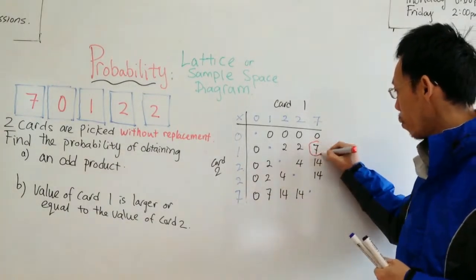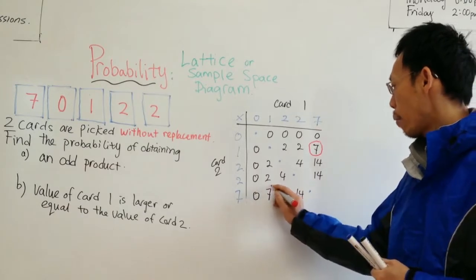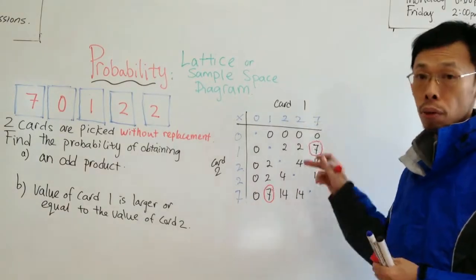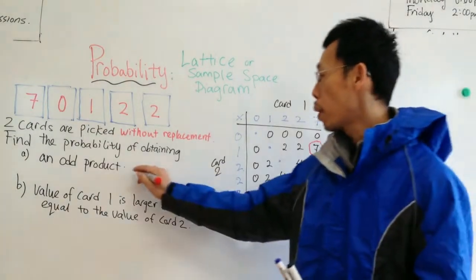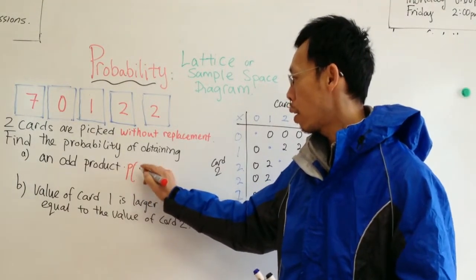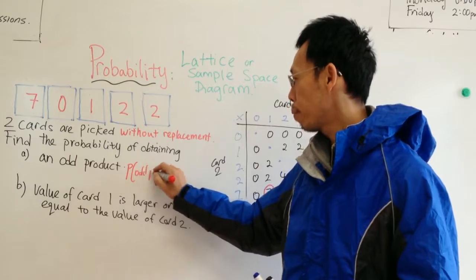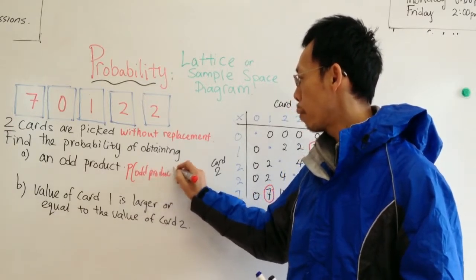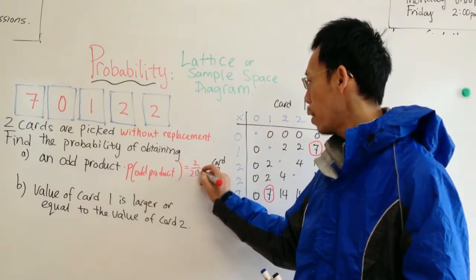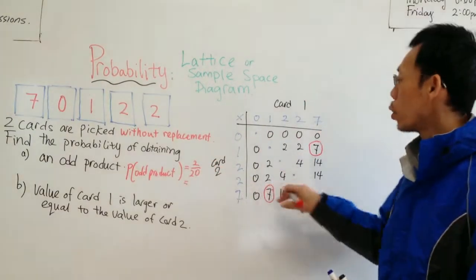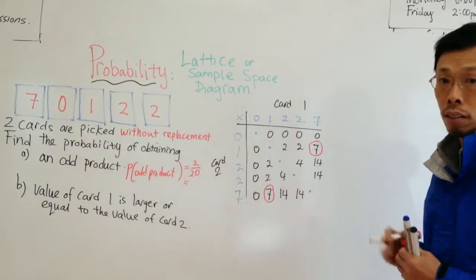Well, I see a 7 here, which is odd. And I see a 7 here, which is odd. 0 is neither odd nor even. So here the answer to this problem, the odd product, is just going to be 2 out of 20. Because there are 20 possibilities, the diagonal is not included.